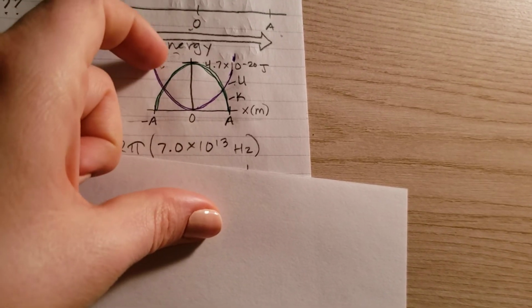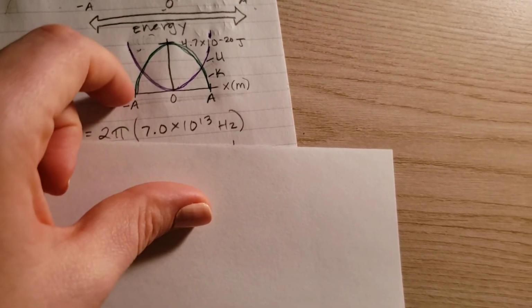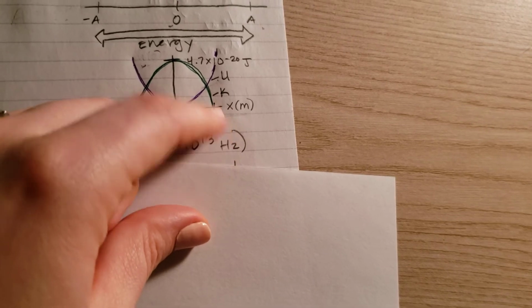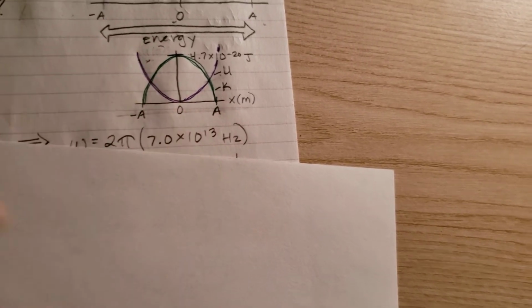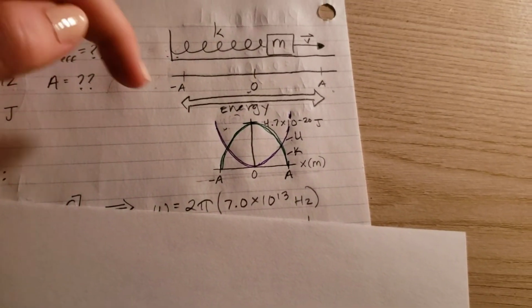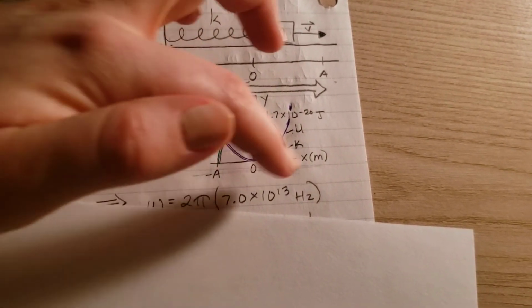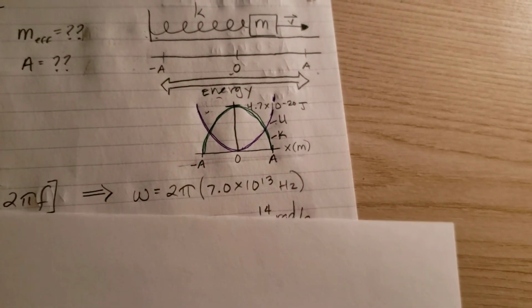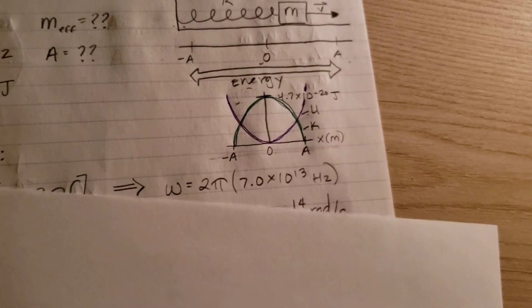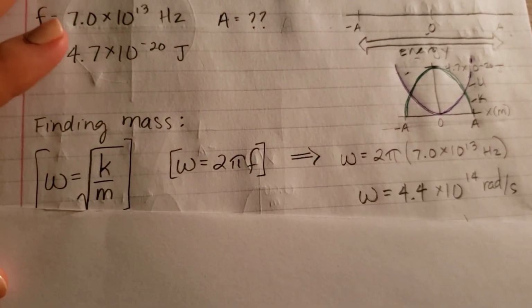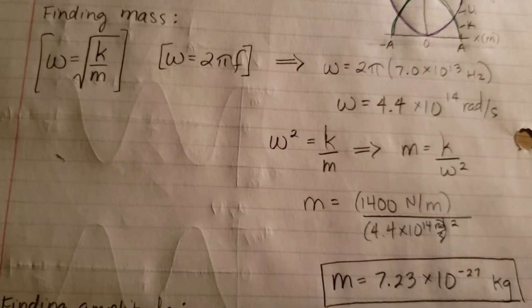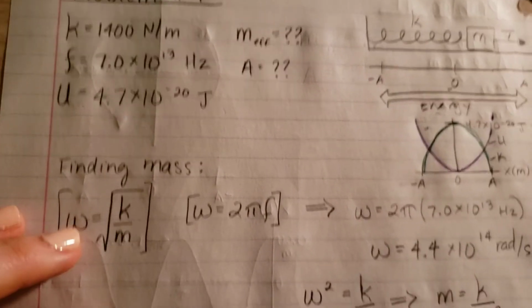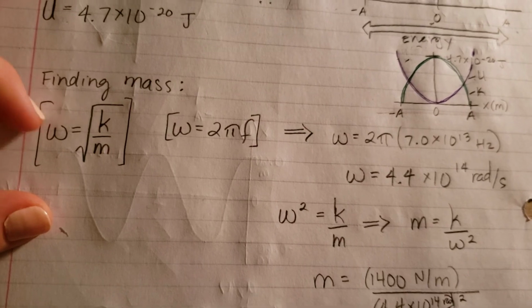So right here at negative A and at A, the energy is purely potential. That just helps visualize the potential energy and kinetic energy in the system as we are moving in our oscillations.